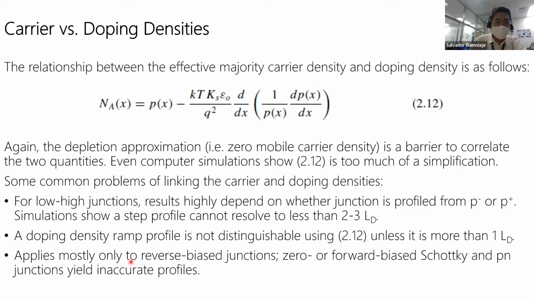Also, most of the examples I have given in this presentation are reverse biased junctions. So for zero or forward biased Schottky and PN junctions, usually the correlation between carrier and doping densities cannot really be established by one governing equation.